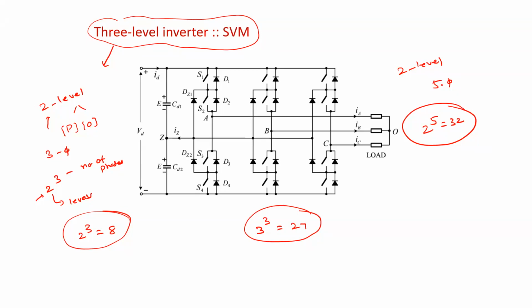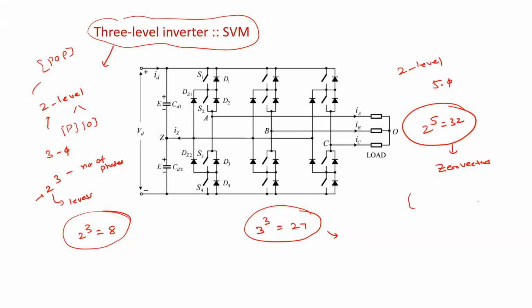Right? So in this, how many zero vectors do you have? Any guess? It is 3-phase, so it will be of the form P00 or something like that.